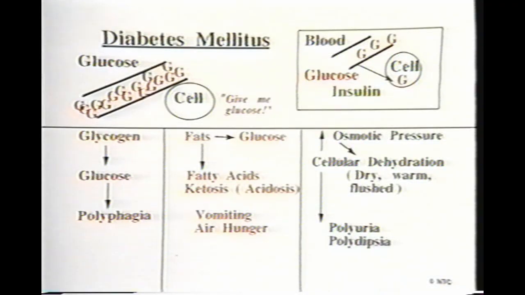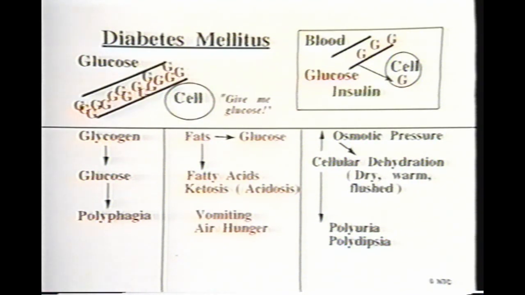We're not quite finished with problems at this point. So if we look at the next picture, what we're seeing is all this glucose with no place to go because there's still no insulin. This glucose in the bloodstream raises the osmotic pressure, which will tend to pull fluids from the cells. And the patient now begins to develop cellular dehydration. So they become dry and warm and flushed. And all this fluid that's been pulled into the bloodstream is going to go out through the kidneys.